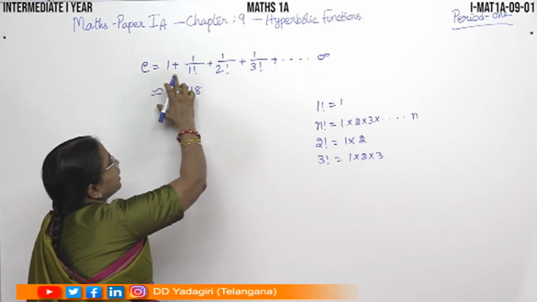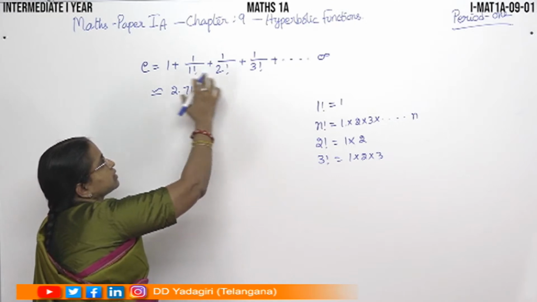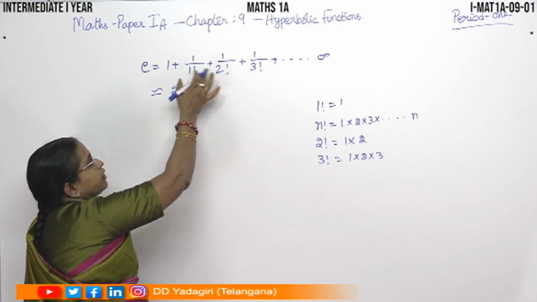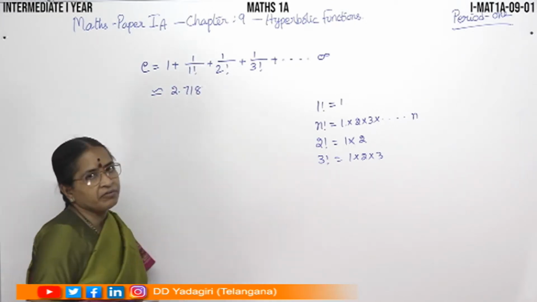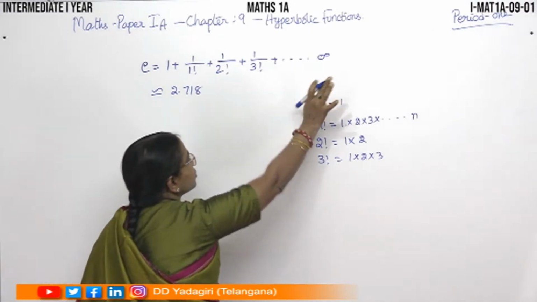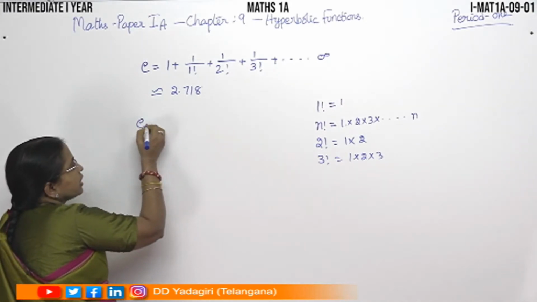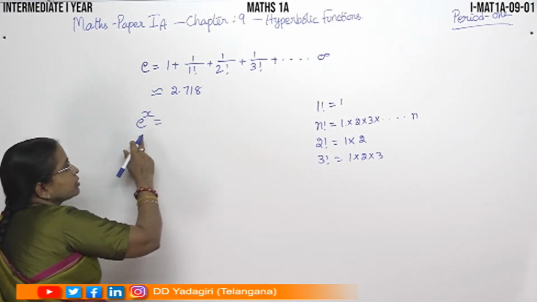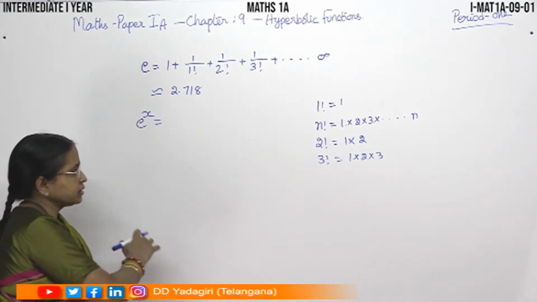So e is defined as the infinite series. It is the sum of this infinite series: 1 plus 1 by 1 factorial plus 1 by 2 factorial plus 1 by 3 factorial, so on to infinity. In general, e power x, we'll come across this e power x again in this chapter.